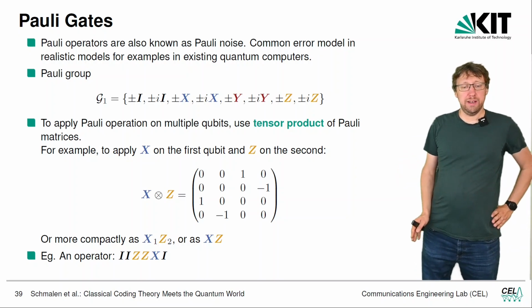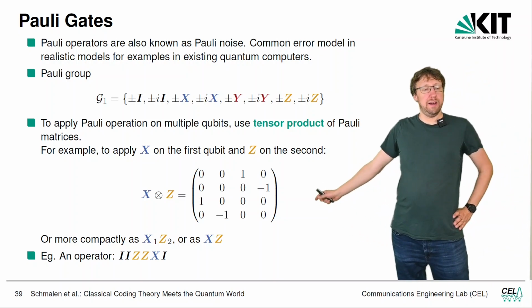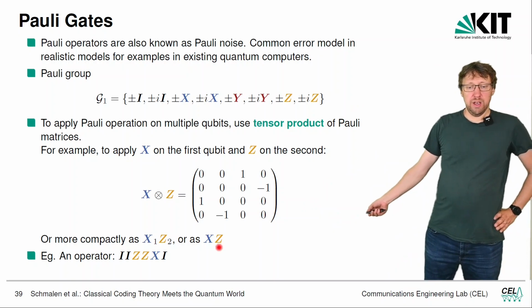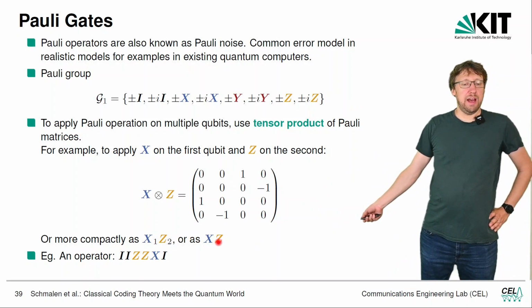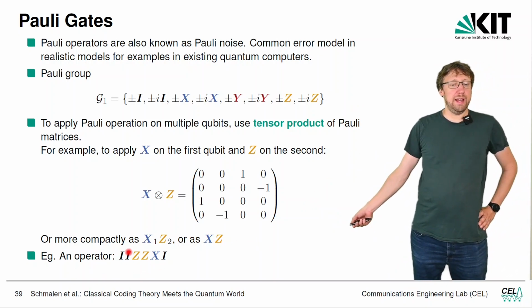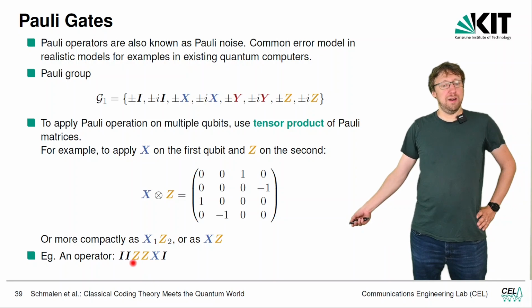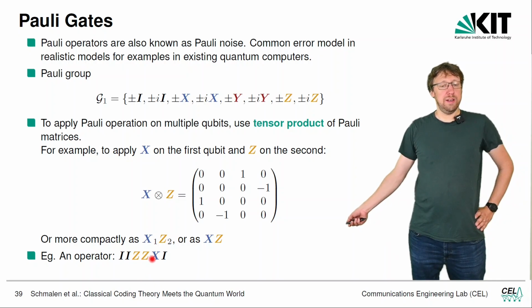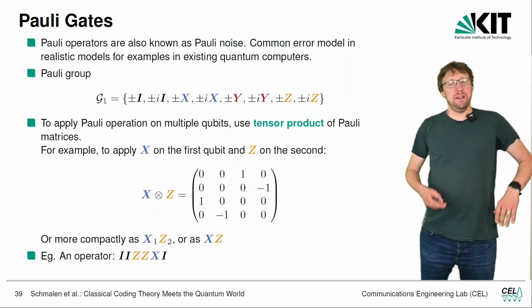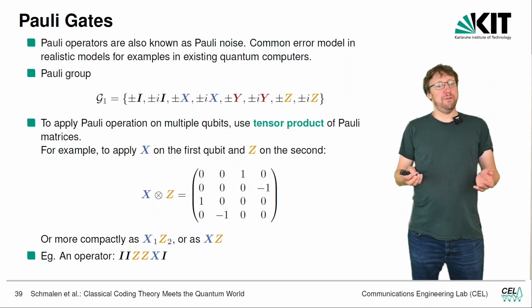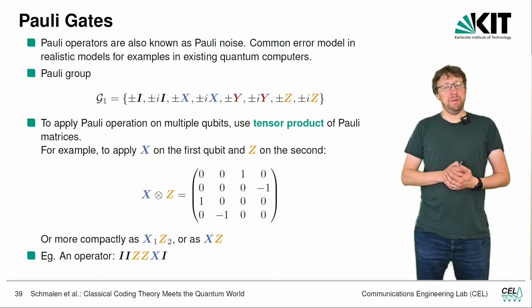And we can write the Pauli operator then as just XZ, and this is another operator acting on 6 qubits. So the first qubits are not affected, we have the identity mapping, then 2 qubits are affected by the Z error, 1 is affected by an X error, and the last, the 6th qubit, is not affected at all because we have the identity matrix.